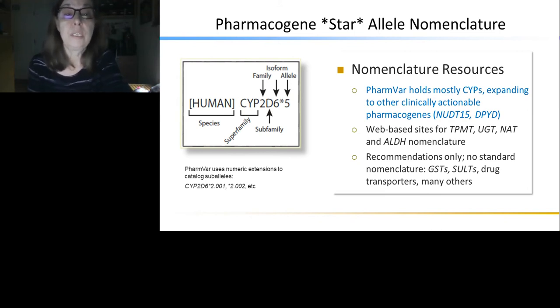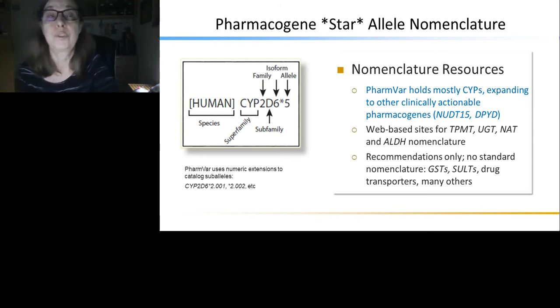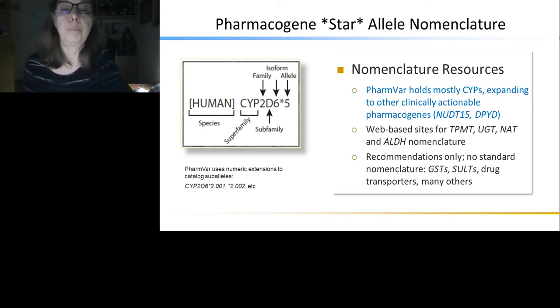So you can see here, in this example, it's the star 5. So there are at least 5 different variants, and these are all different haplotypes for this gene. So for 2D6, we are now up to 141. So this is an example of a highly variant and highly polymorphic pharmacogene.